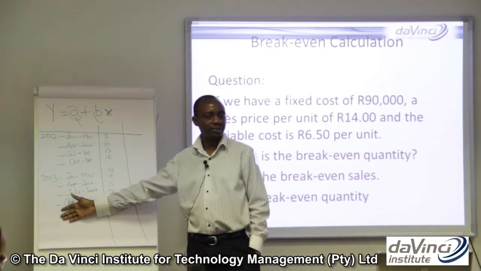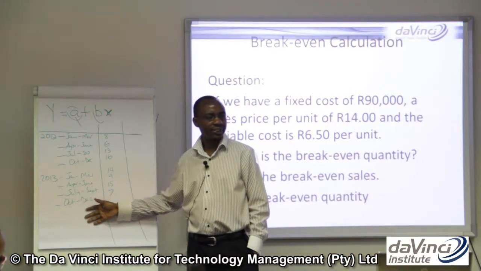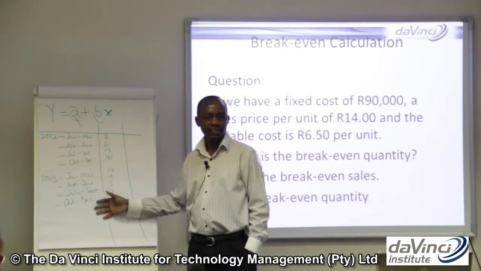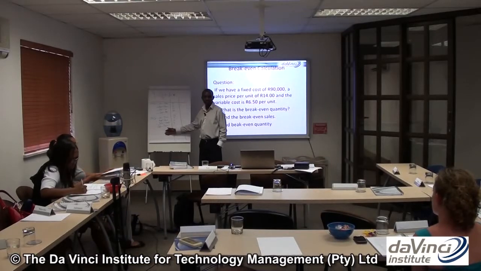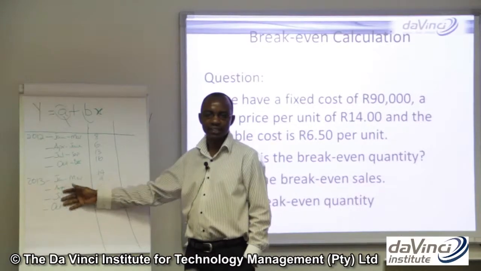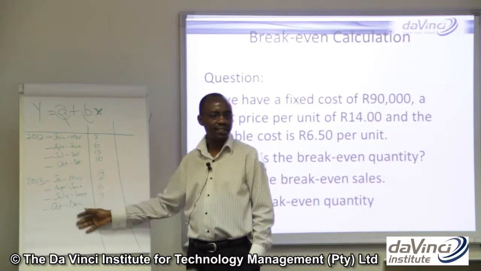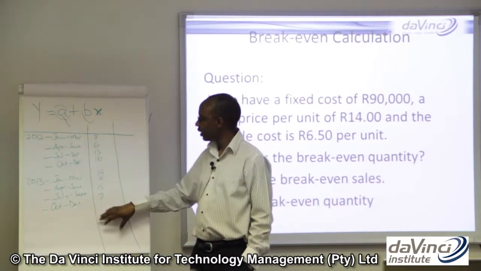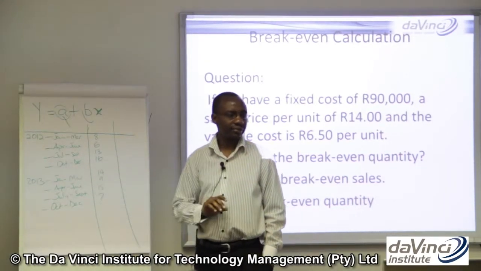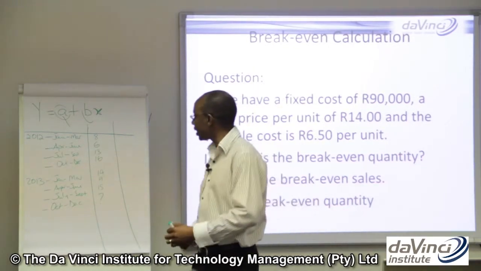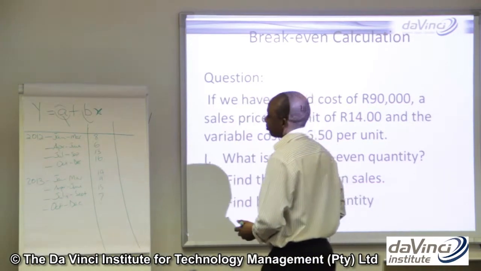We will have the actual figures at the end of this quarter. But we need some figures to work with. So what then do we do? We need to forecast using statistical tools to try and estimate what this figure would be, given the figures that we already have. So regression analysis allows us to do this.